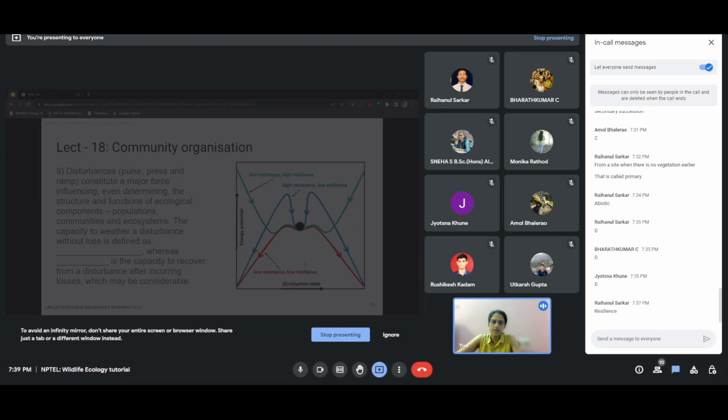The green one, the ecosystem state on the x-axis, has been altered a lot, right? So it is unable to resist it, but it is highly resilient. But out here, you have high resistance, the ecosystem state is not differing much, but you have low resilience, right?